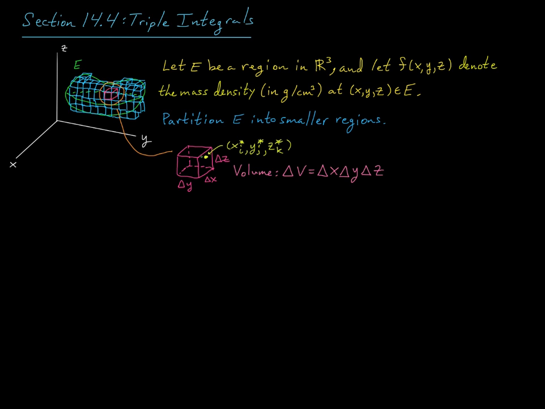Then we'll choose a point within each one of these little boxes, and we'll call this a sample point, just like we did for double integrals. So xi star, yj star, zk star.